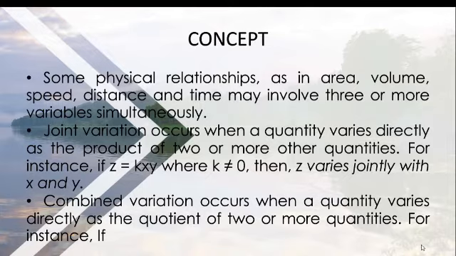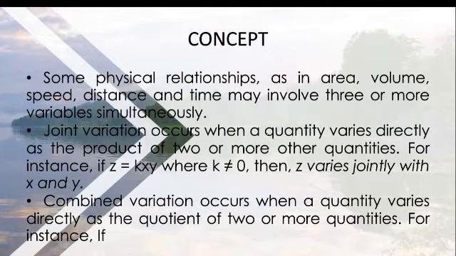So in joint variation, although it is also like direct variation, it uses more than 2 variables. For instance, if z is equal to kxy, where k is not equal to 0, then z varies jointly with x and y.